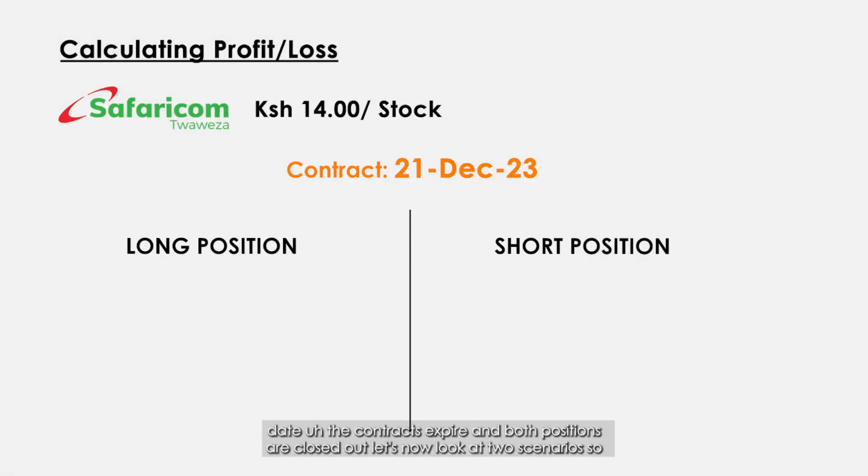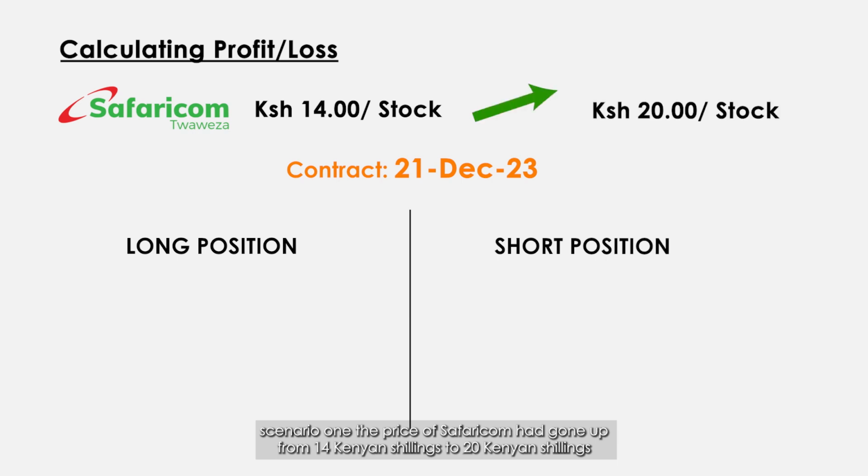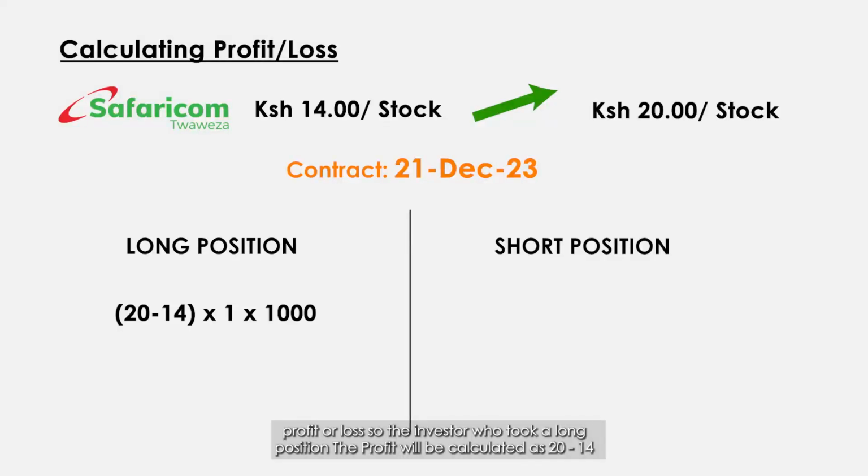Let's now look at two scenarios. So scenario 1, the price of Safaricom had gone up from 14 Kenyan shillings to 20 Kenyan shillings by the expiry date. Okay, so the investor who took a long position, how would we calculate his profit or loss? So the investor who took a long position, the profit would be calculated as 20 minus 14, that's the price movement, times one contract times 1,000.